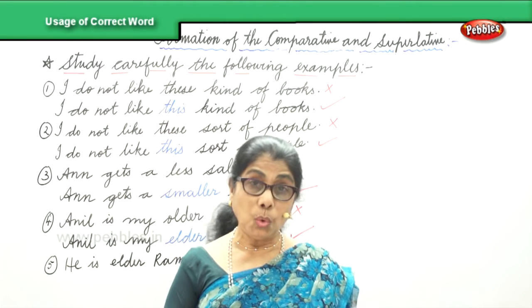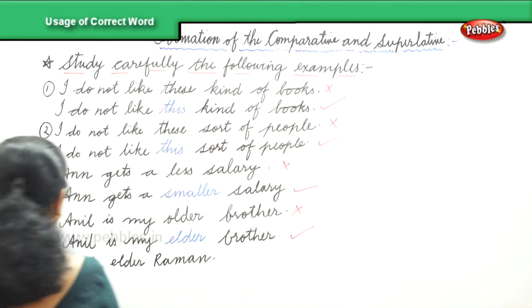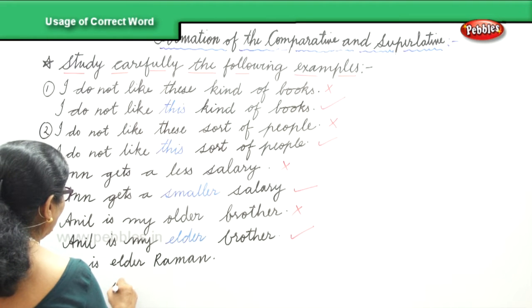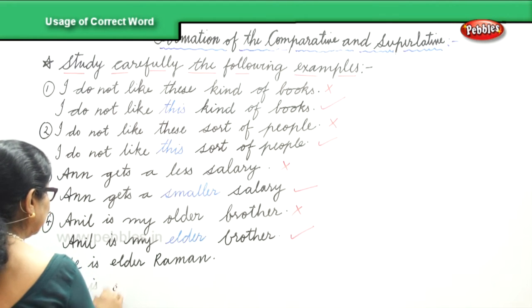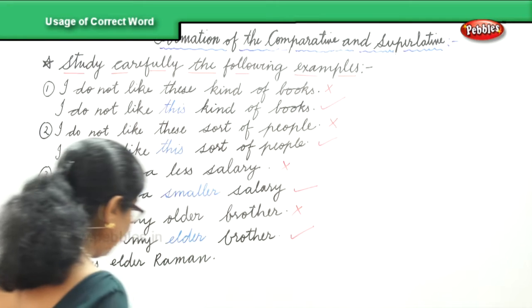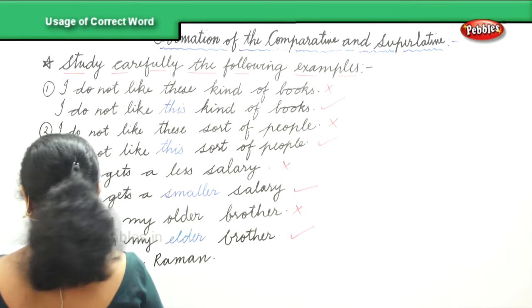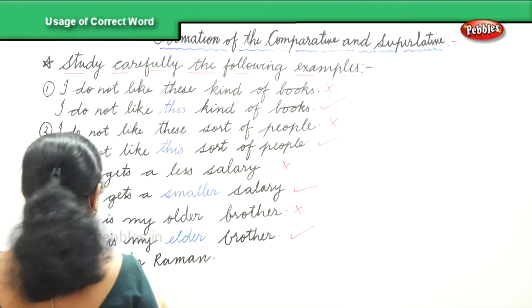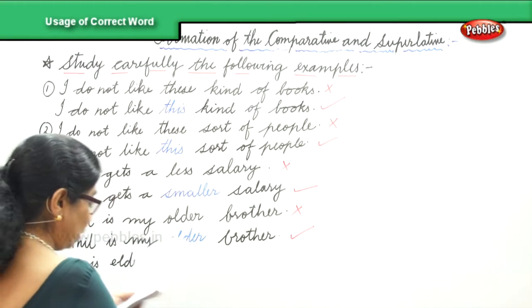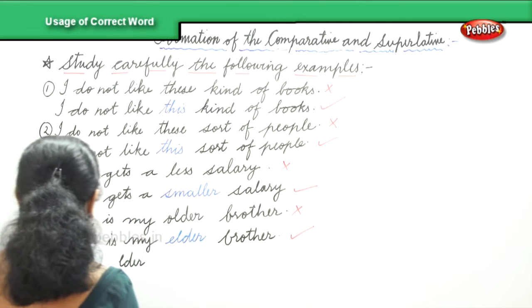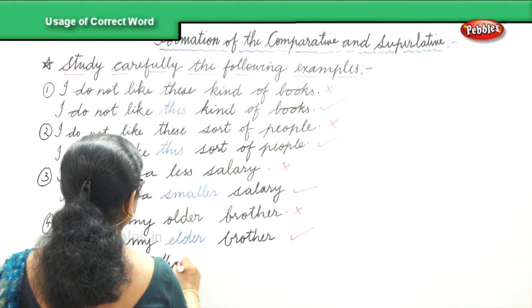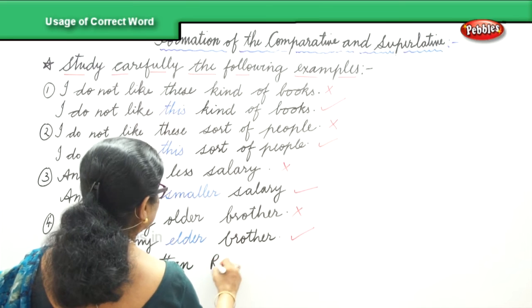Say, he is older than Raman. The correct answer is, he is older than Raman. He is elder than Raman is wrong.